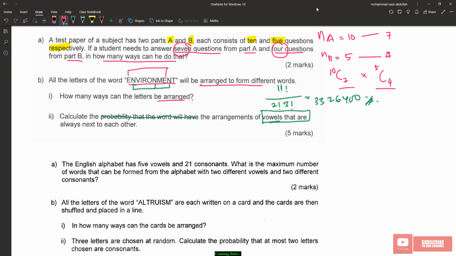A, E, I, O, U. So total here N equal to 11. So E, lagi kita ada I, O, 1, 2, 3, 4. 4, right?